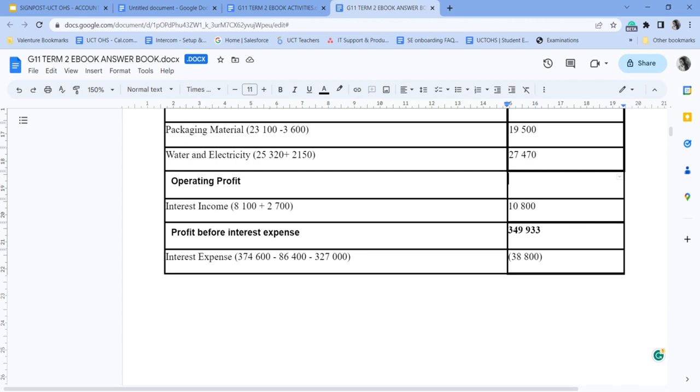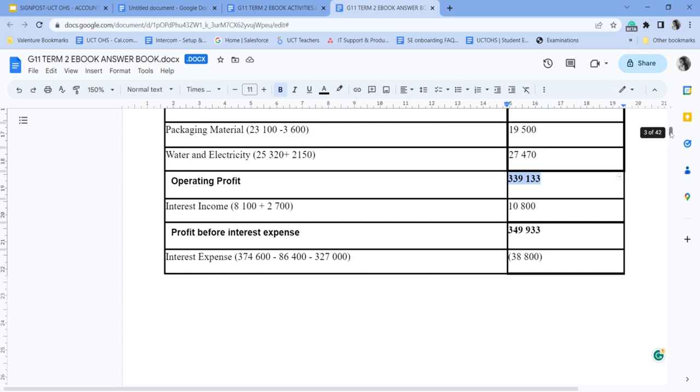But because we're working backward, we have to minus it, to get the raw amount before it was added. So if you minus it, you get 339,133. Okay, I'm gonna put bold because it's a unique number that we got. Okay, so this is our operating income that we're sitting with.